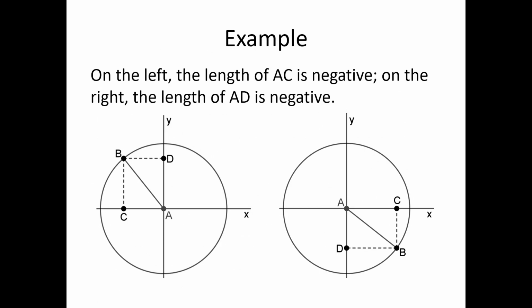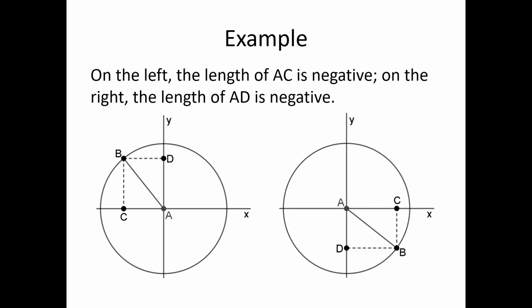of negative lengths. So notice that I've moved B around my circle. It was top right to begin with. Now it's like top left, on the left-hand side here. Once again, we dropped the perpendiculars, BC to X and BD to Y. Notice that now from A to C, that travels in the leftward direction.